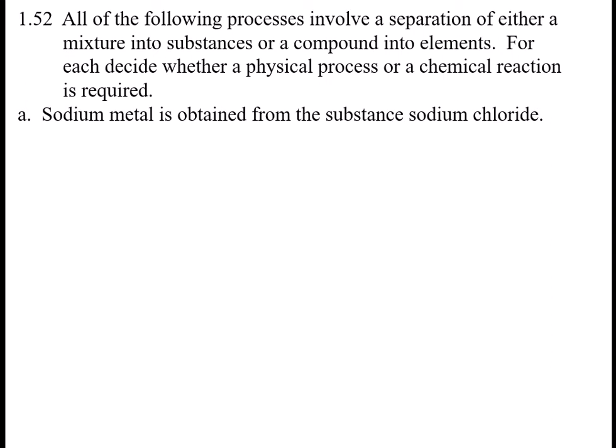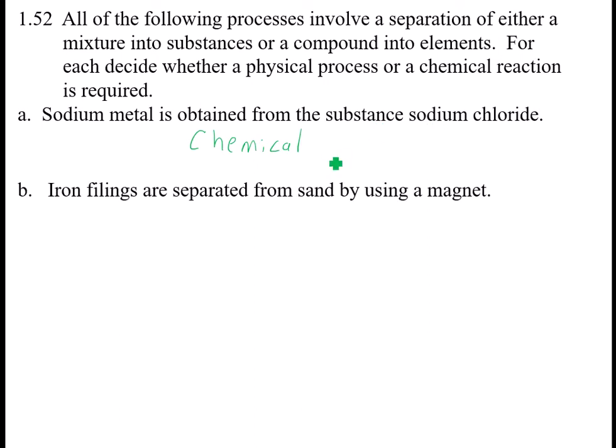So therefore, this is a chemical reaction. So this one is chemical. When the name is part of it, and it tells me here it's a substance, if it's a substance, it has to be a chemical change.